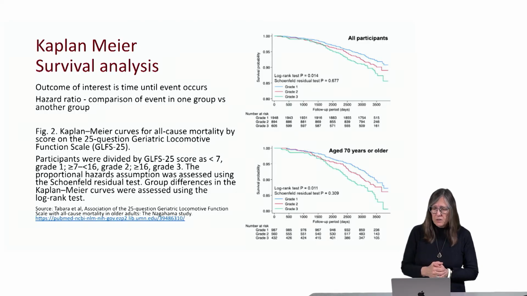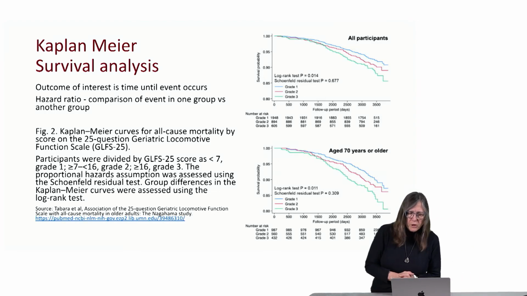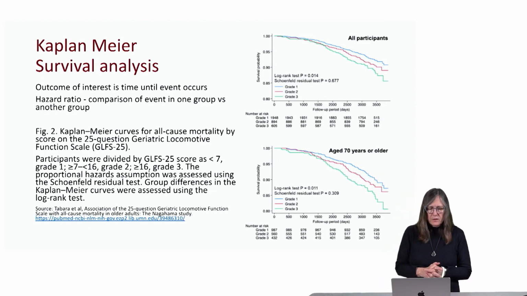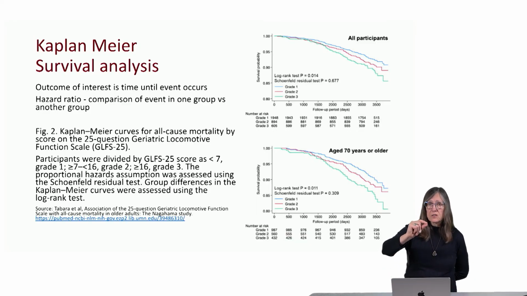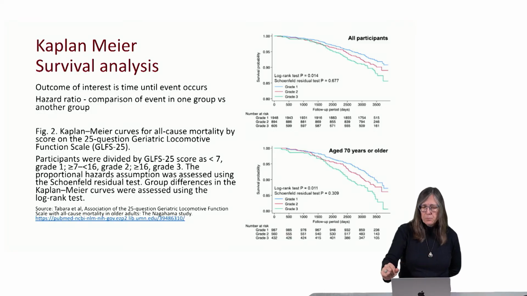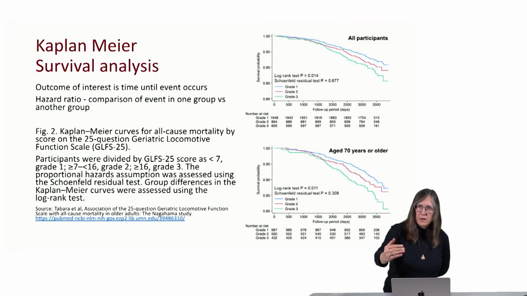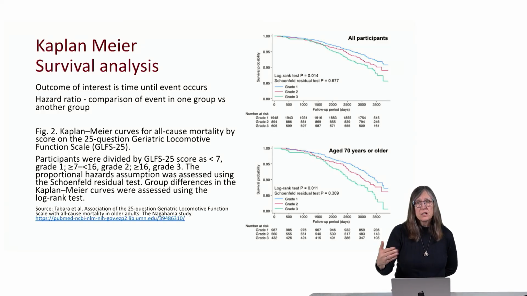It's a ratio, so you're comparing one versus another. In this case, you're seeing 3 different groups, grade 1, 2, and 3 in the figure, because they were divided up by different grades of the geriatric locomotive function scale. And you see a big difference. Everyone starts together, and you see over time, because this is a time-related variable, how that increases. So if you were testing for a trend, you would have a significant trend.